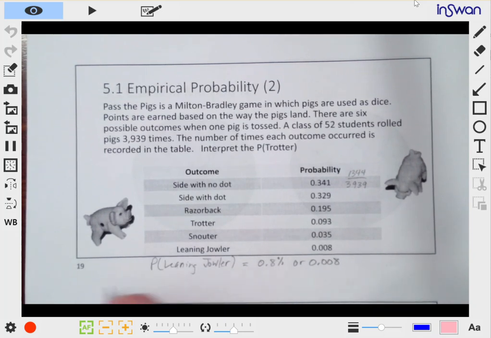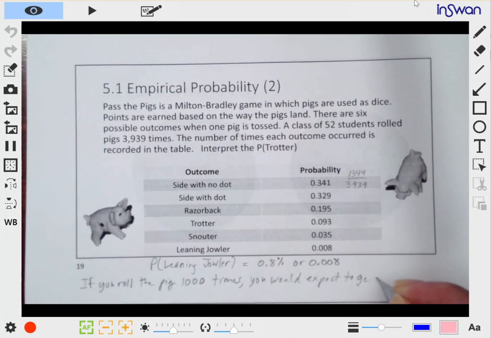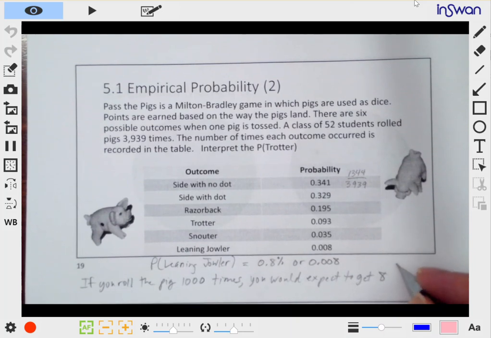So basically the idea is if you roll the pig 1,000 times, you would expect to get 8 leaning jowlers.